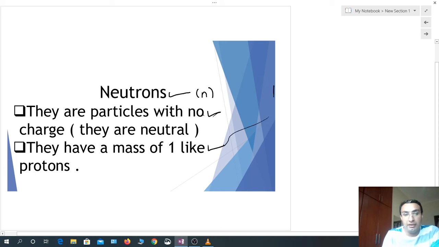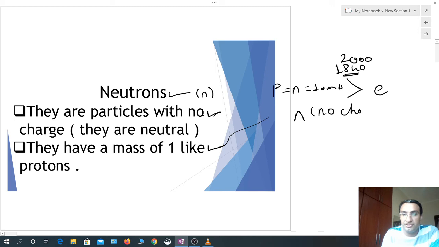So protons and neutrons have almost one atomic mass unit, and they are almost 2,000 times heavier than an electron. And neutrons have no charge, and they are present in the nucleus.